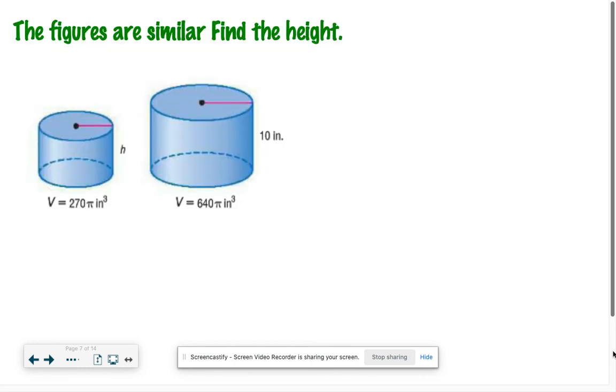Next one, we have two similar cylinders, and we're looking for the height. Now we're going to work in reverse from what we just did. We know the volumes of both of our cylinders, and I'm trying to get to just our scale factor essentially.